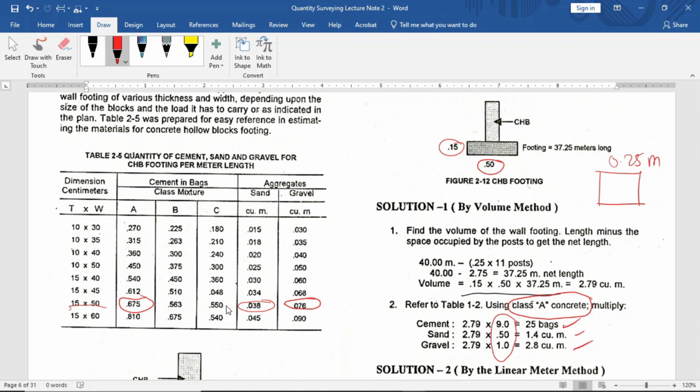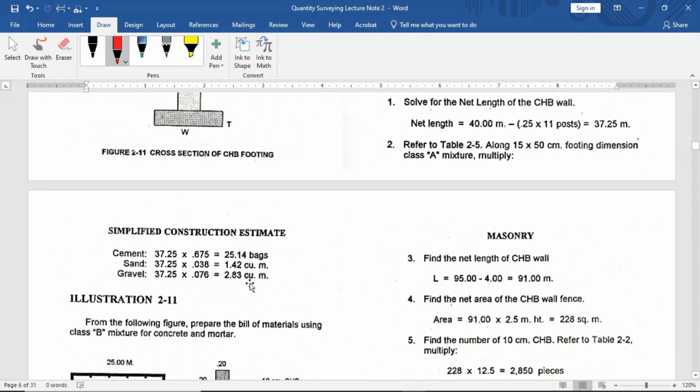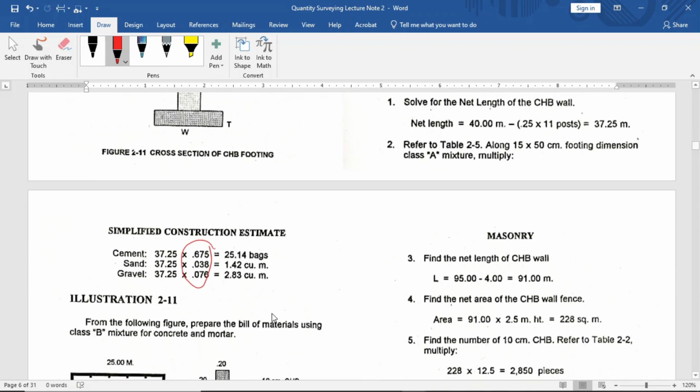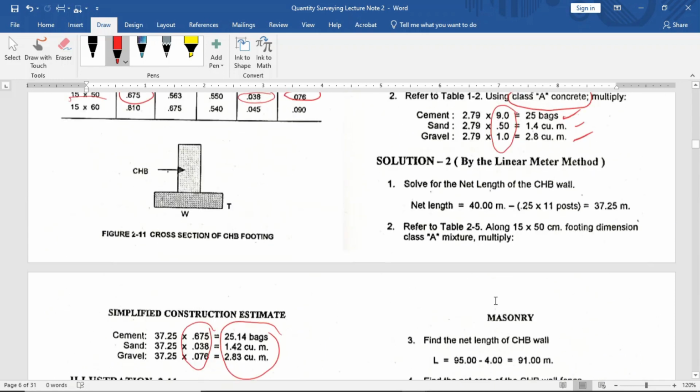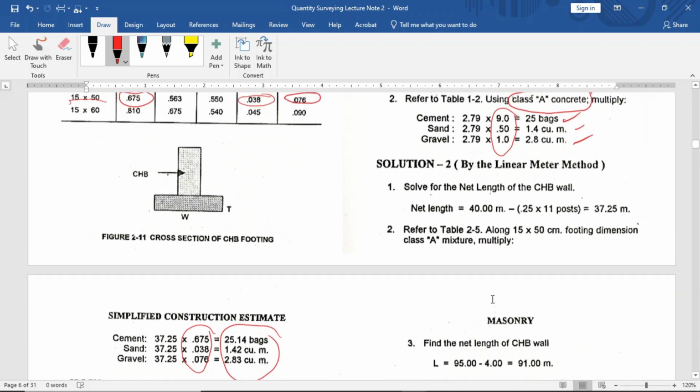Ang multiplier para sa cement is 0.675, sand is 0.038, and gravel is 0.076. Times lang natin sa net length kasi by linear meter method tayo. Magkalapit lang ang sagot ng by volume tsaka ito.